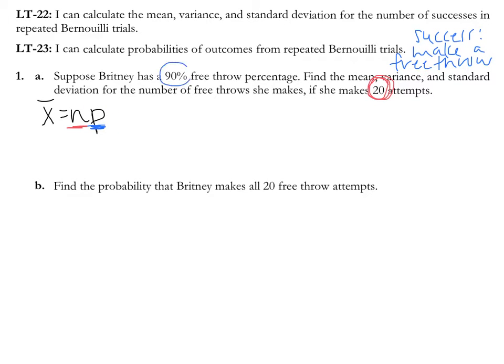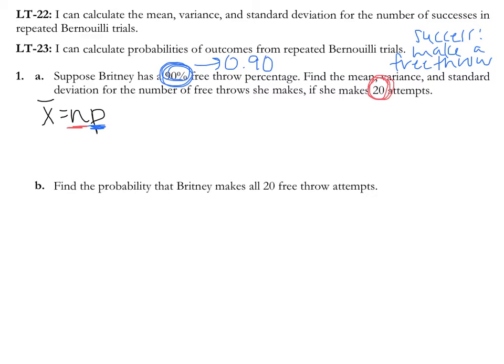In this problem, that's 90%. Now in these formulas, wherever you see P, you're going to need to put in the probability as a decimal, not as a percentage. So whenever you're given a percentage, you need to consider that as a probability. For these problems, you always want to put in for P the decimal value, not the 90%.